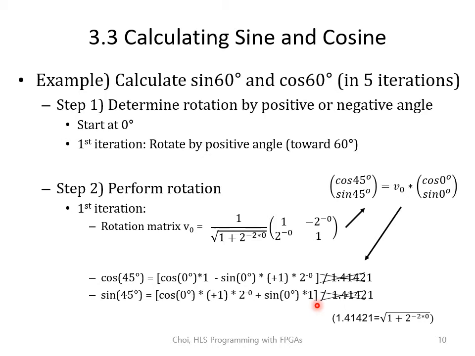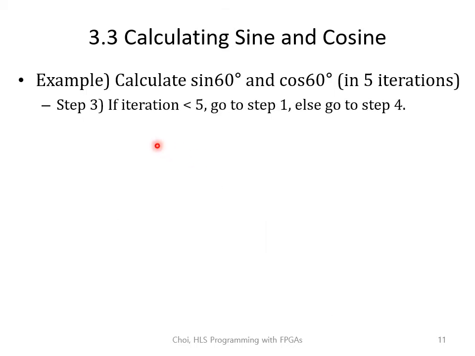Now, instead of multiplying the scaling factor in every iteration, let's hold it off until the end and multiply the entire CORDIC gain instead. Step 3. Since we decided to run 5 iterations of CORDIC, we're going to run step 1 and step 2 5 times.